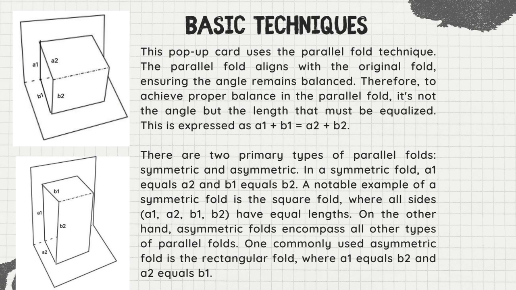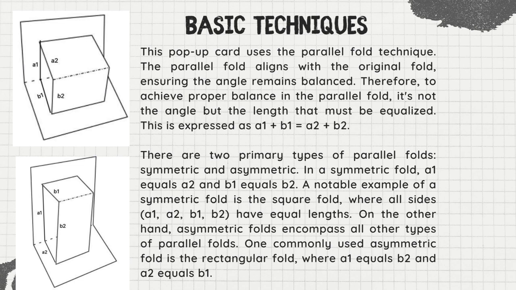There are two primary types of parallel folds, symmetric and asymmetric. In a symmetric fold, A1 equals A2 and B1 equals B2. A notable example of a symmetric fold is the square fold, where all sides A1, A2, B1, B2 have equal lengths.